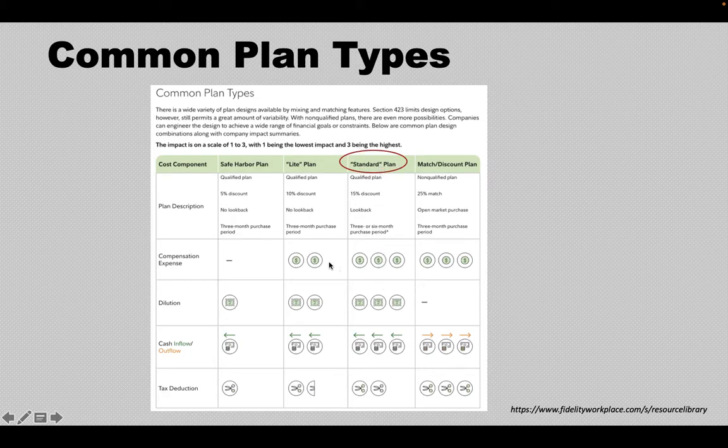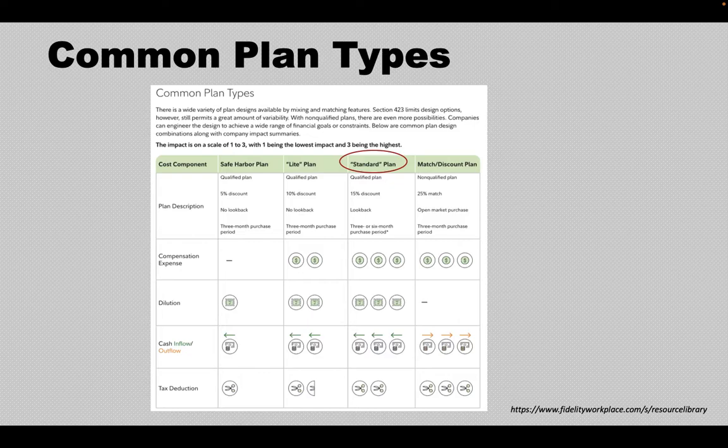You can see it costs the employer a lot of money to create this plan, which means it's beneficial for the employee if you understand the tax implication and how to utilize this plan effectively. You would definitely benefit from that because this is a good plan.